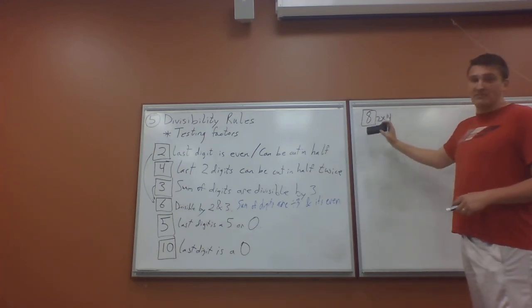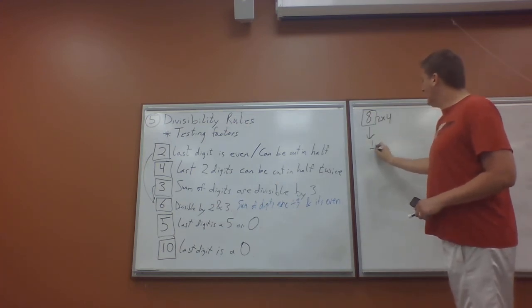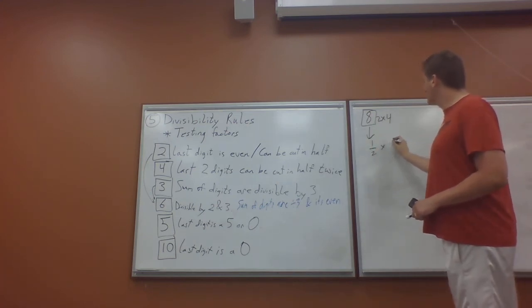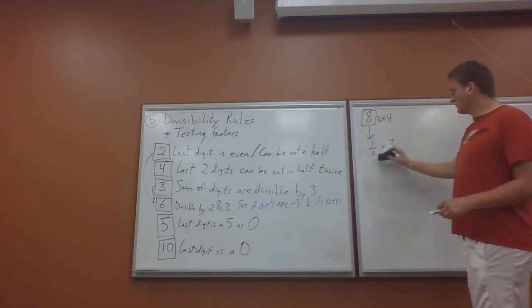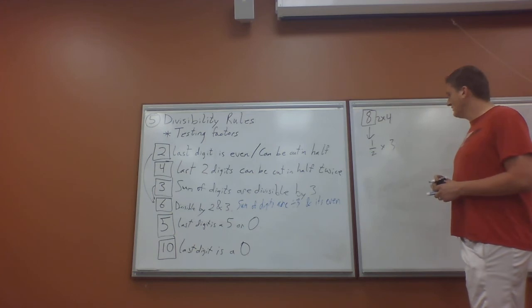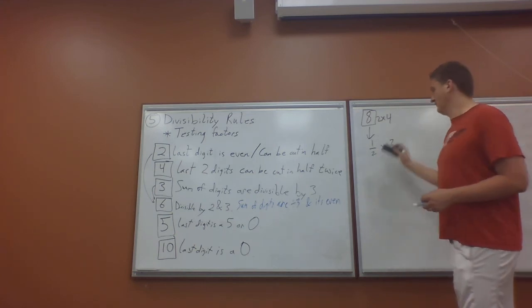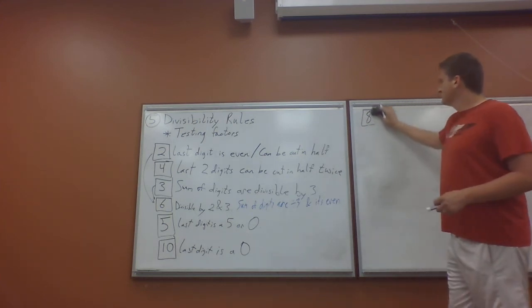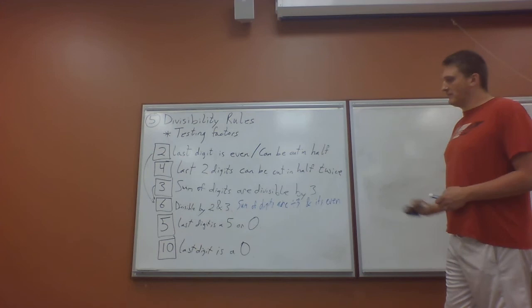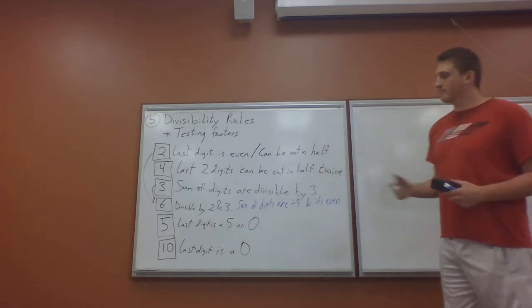Because dividing something by 8 is the same thing as cutting in half 3 times. So cutting in half again, then cutting in half again. That's not super important. If you needed to, you could build that easily just by using the 4 rule and then checking if that answer is even.